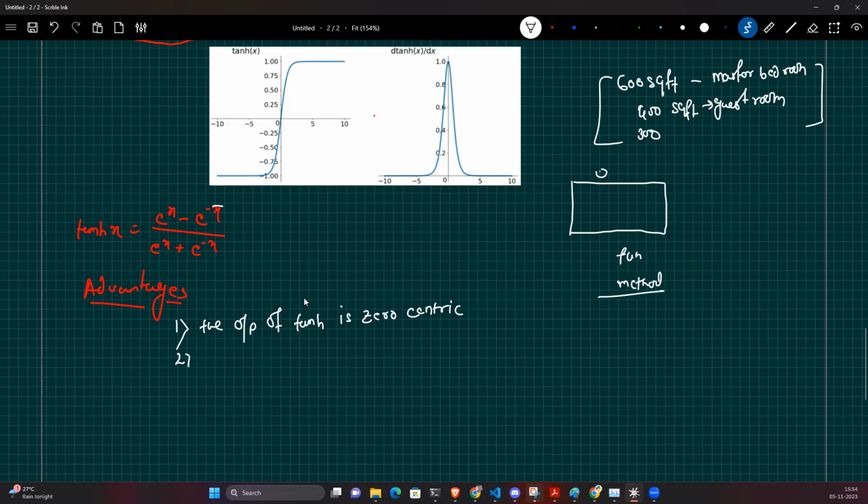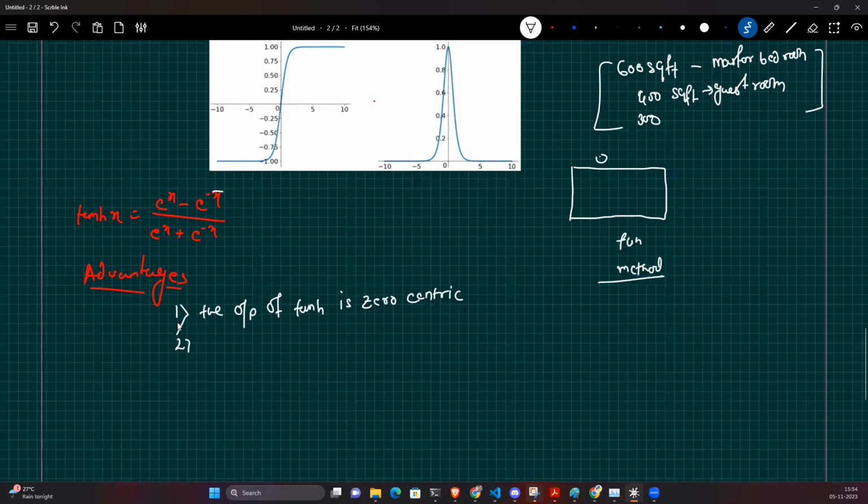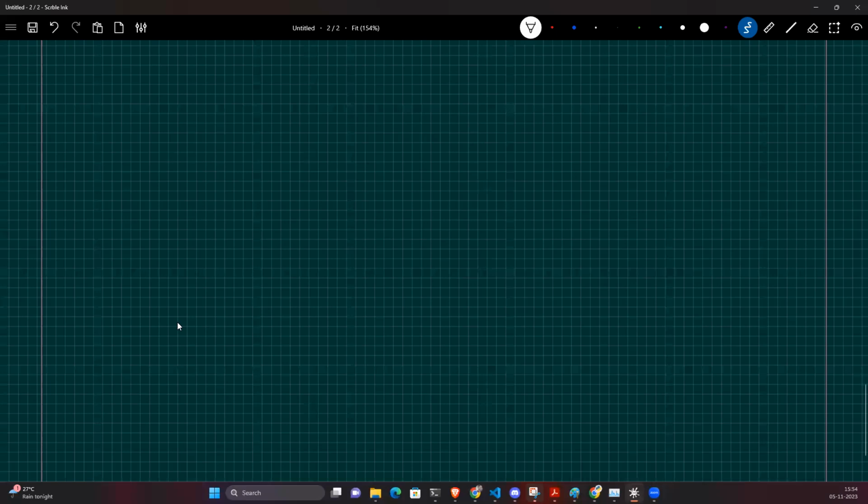Okay. So now coming to the third activation function, which is called the ReLU activation function. ReLU activation function is equal to max(0, x).